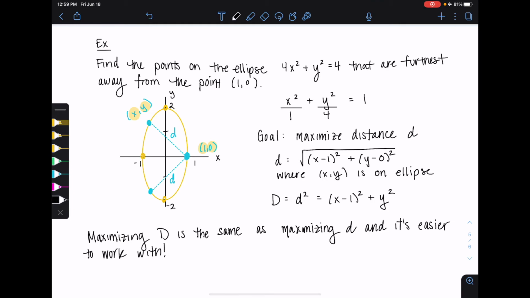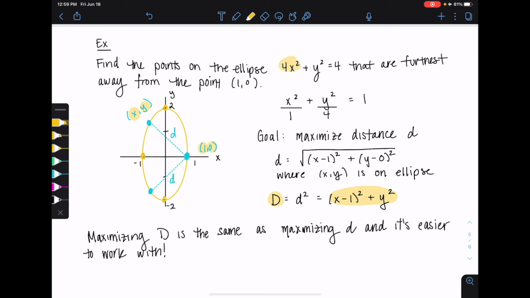I just need to find the points. I don't need to find the actual distance between them. And if I'm trying to take a derivative without a square root, it's much better. But getting rid of the square root doesn't change the fact that you're maximizing the thing underneath it. But again, the problem is I have two variables, so I can't take a derivative yet.